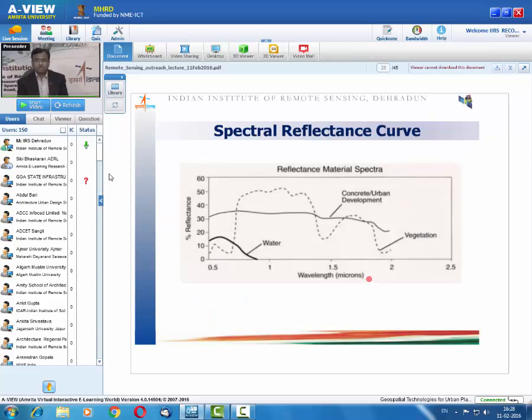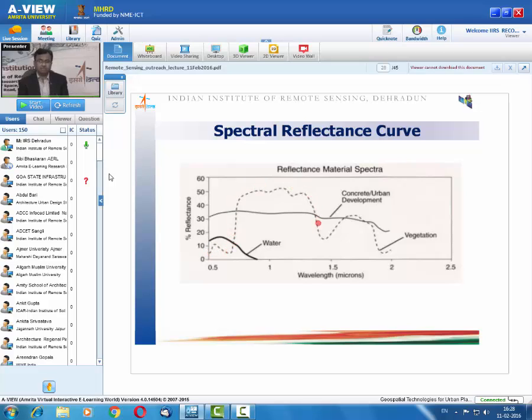Now, this particular slide shows the spectral reflectance curve. The spectral reflectance curve helps us in understanding the material and energy interaction phenomena. This slide, general in nature, shows the material and energy interaction for three kinds of features, and the most prominent is vegetation.